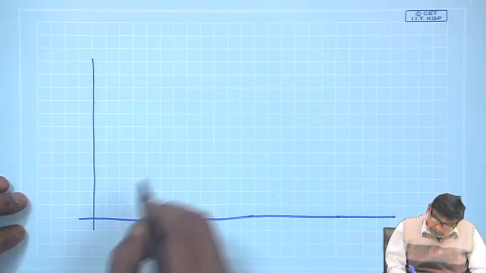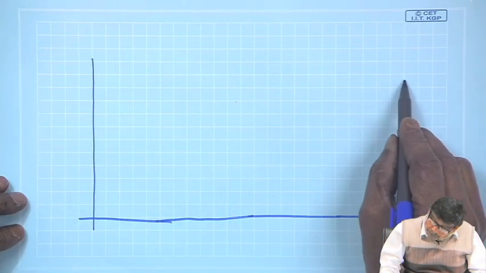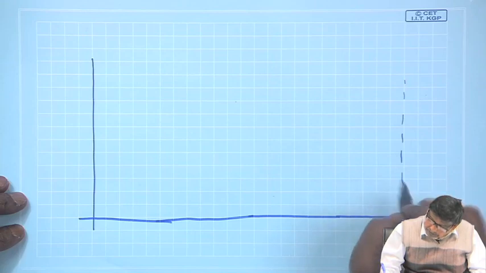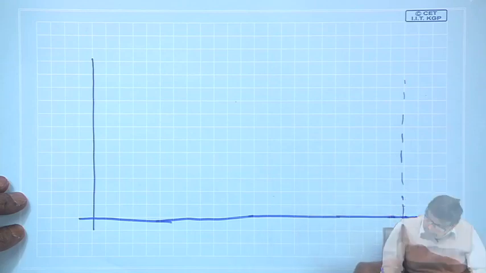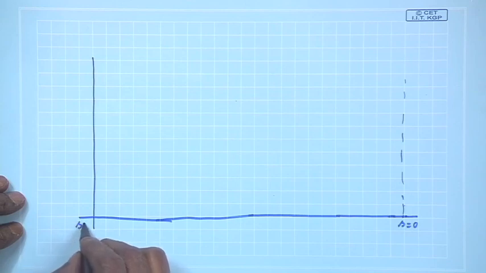So, this is the thing, and this is, suppose, S equal to 1, this point, and this is S equal to 0.